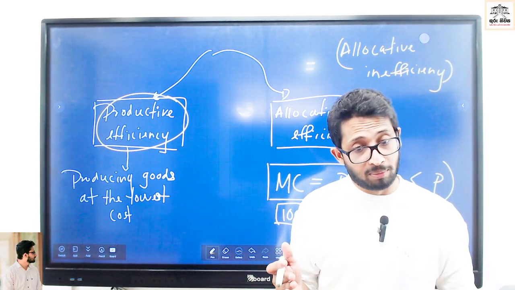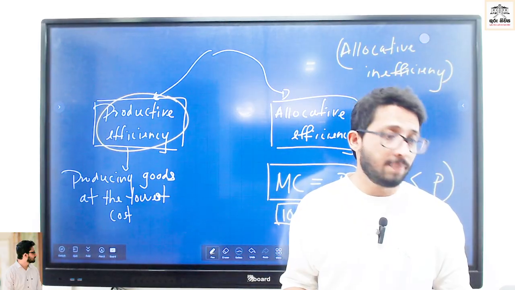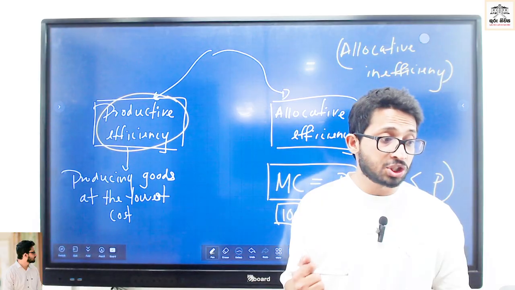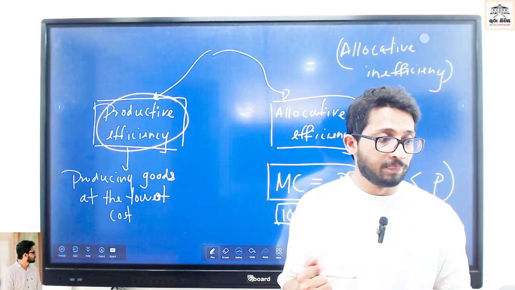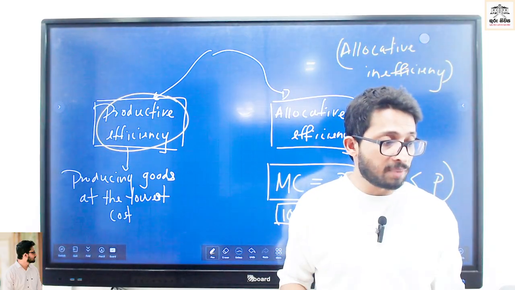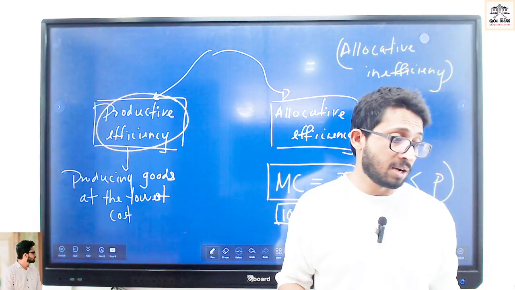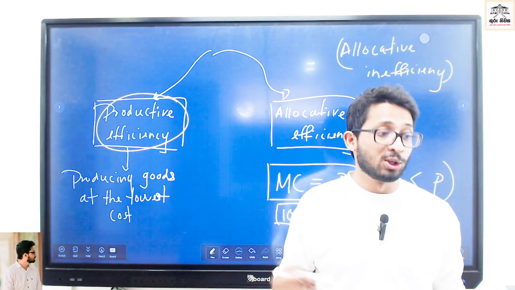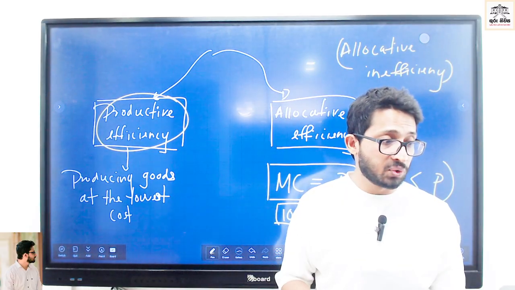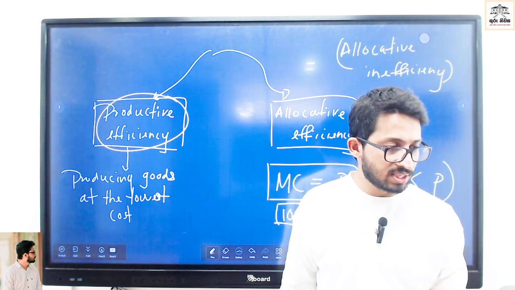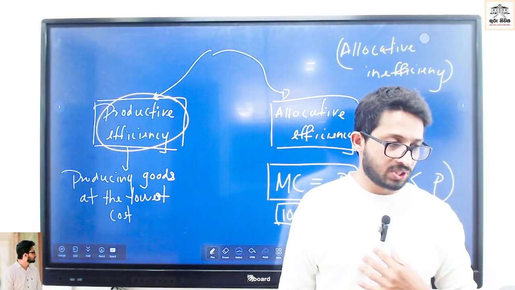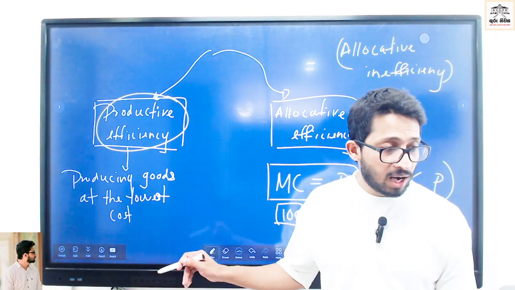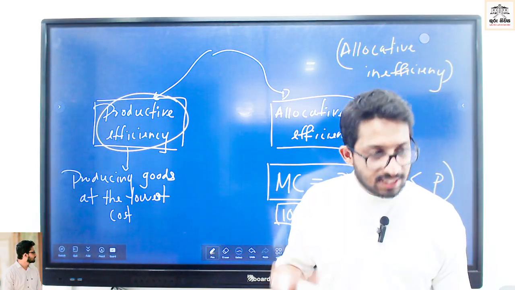In the perfectly competitive market, a firm has a huge threat, huge challenge, because there are so many firms and competitors in the market. And also they are price takers. So they have to produce goods and services at lowest possible cost to compete with other firms.